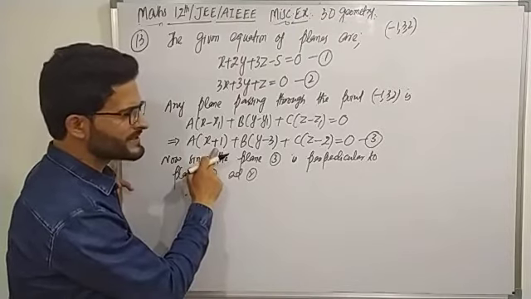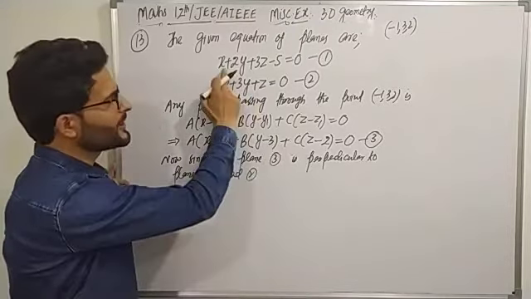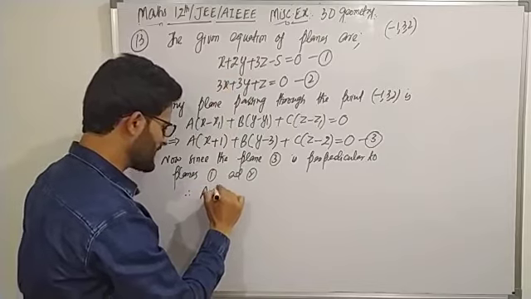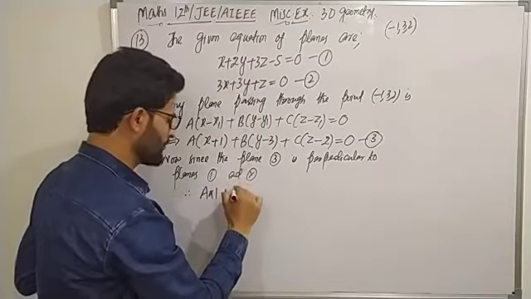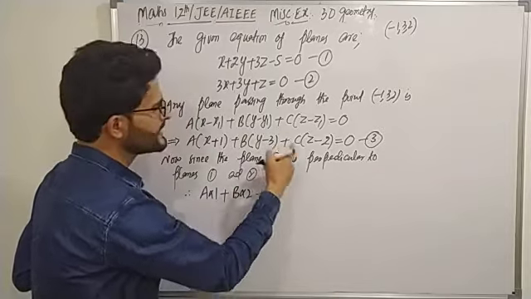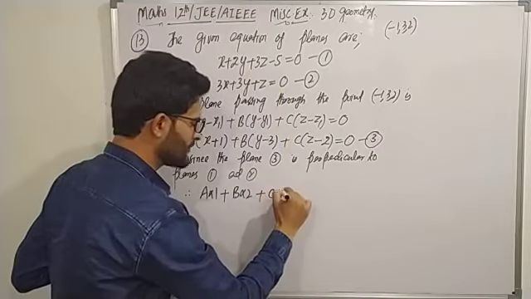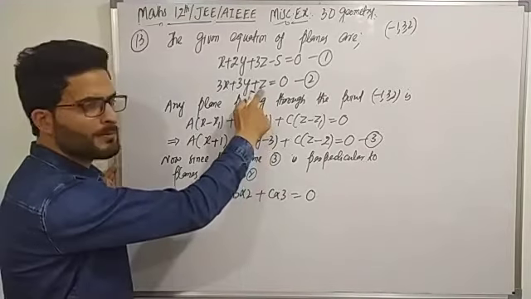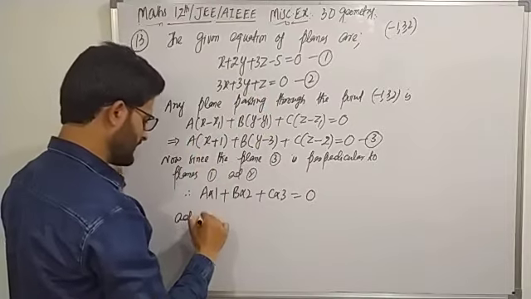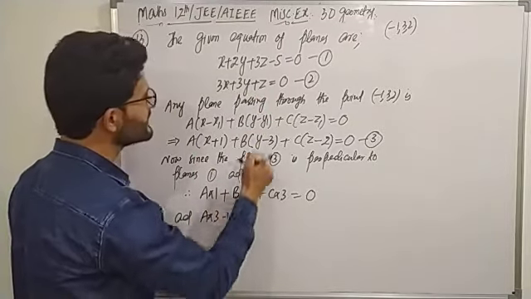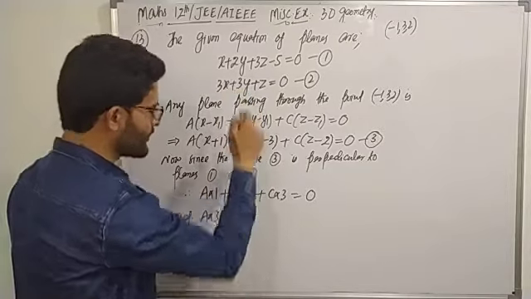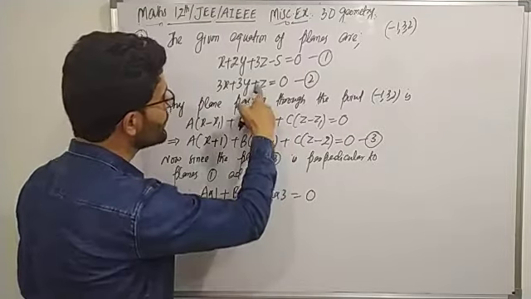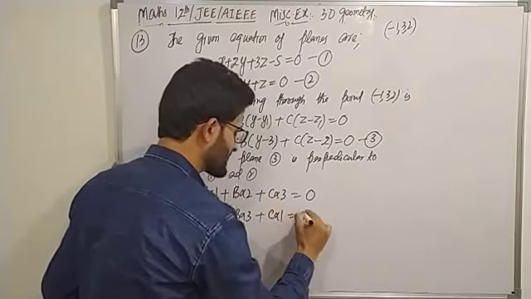So what are the attitude numbers of plane 3rd? A, B, C. What are the attitude numbers of plane 1st? 1, 2, 3. So A into 1 plus B into 2 plus C into 3 must be equal to 0. And now this plane 3rd is perpendicular to plane 2nd also. So A into 3 plus B into 3 plus C into 1 must be equal to 0.